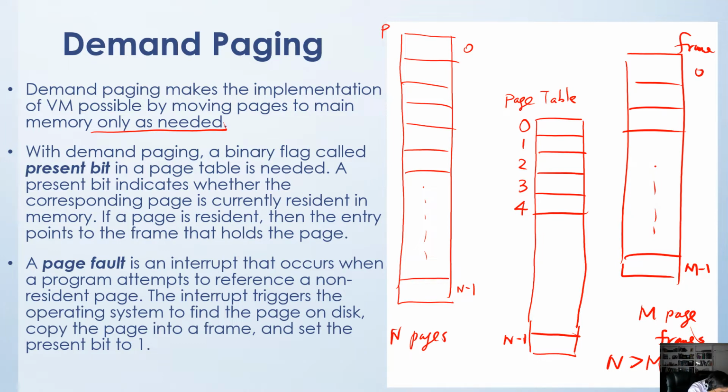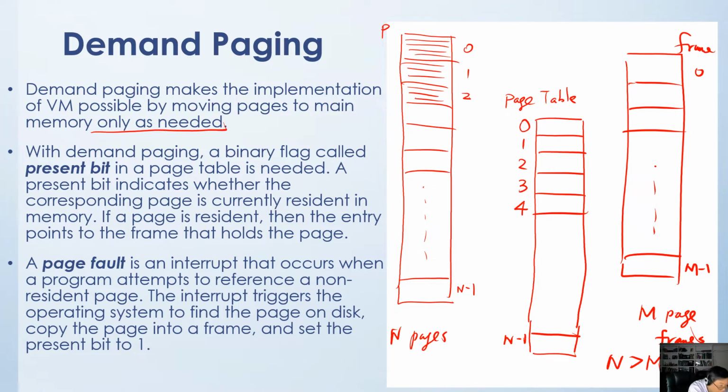Now in this case, using demand paging, maybe initially we just need to execute page 0, page 1, or maybe page 2. So then we can load page 0 into frames. Let me change the color so we can clearly see which page is loaded into which frame.